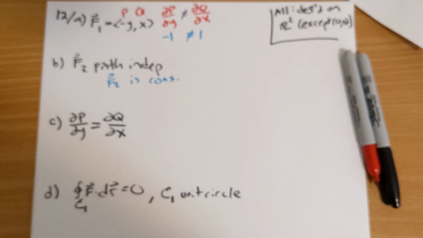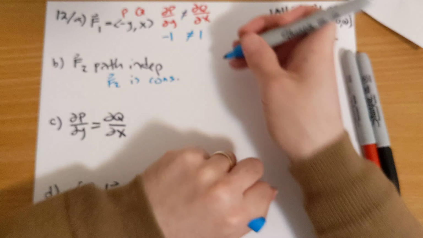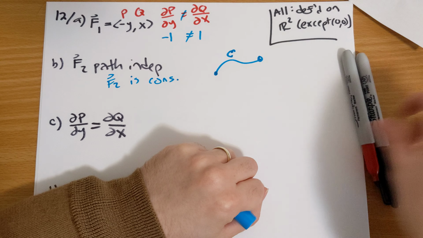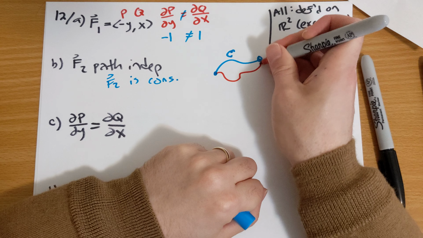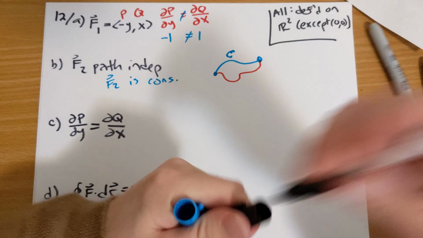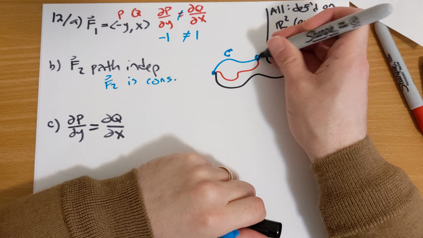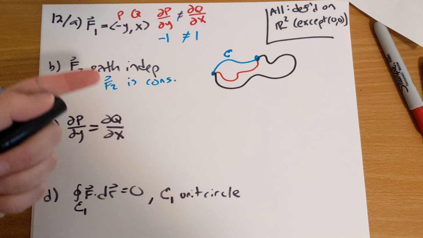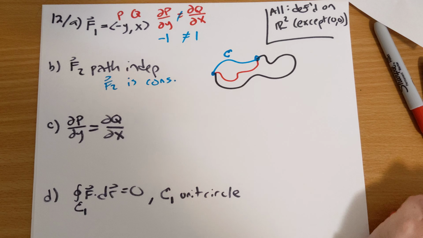This is one of the things that is equivalent to a vector field being conservative, the path independence property, that the line integral over this curve of F2 is equal to the line integral over this curve of F2, is equal to the line integral over this curve of F2. Okay, so this one is definitely conservative.